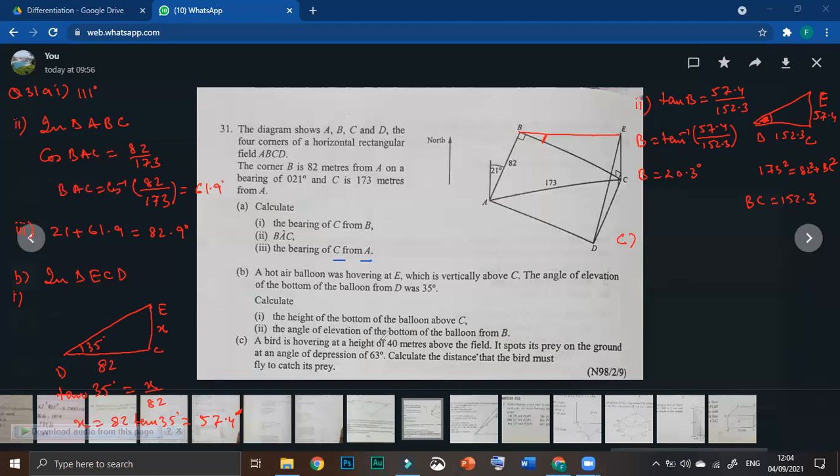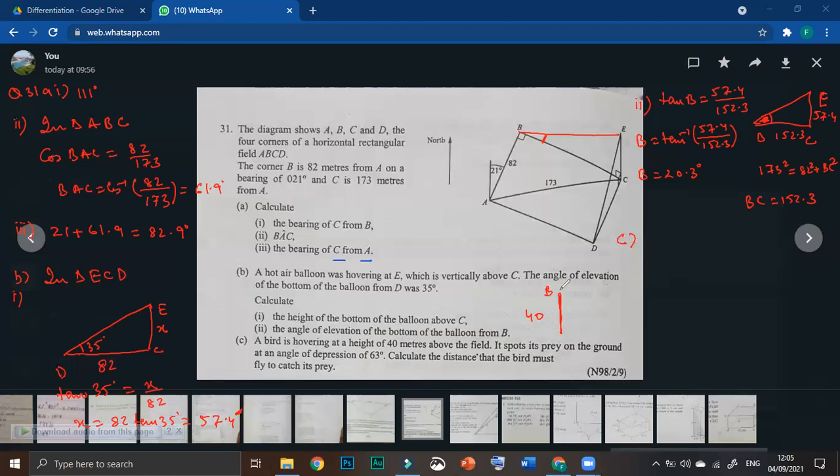This one is the height, 40 meter above the ground. This one is the bird. The angle of depression of the bird is given.